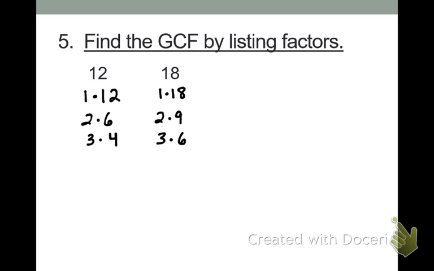So what do I do now? When I'm listing factors, I have to put them in order from least to greatest. Once you've done the 12, then you'll do the 18 directly underneath it.